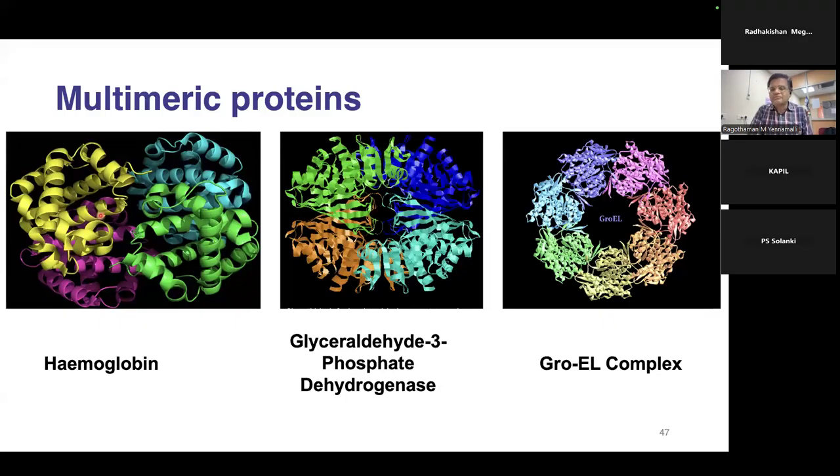For example, take GroEL. It has 1, 2, 3, 4, 5, 6, 7 chains of the same protein, so it's a heptamer. Now let us say you only have the monomer and you did not know that it binds to 6 other copies of itself and makes a full protein complex that is functional.